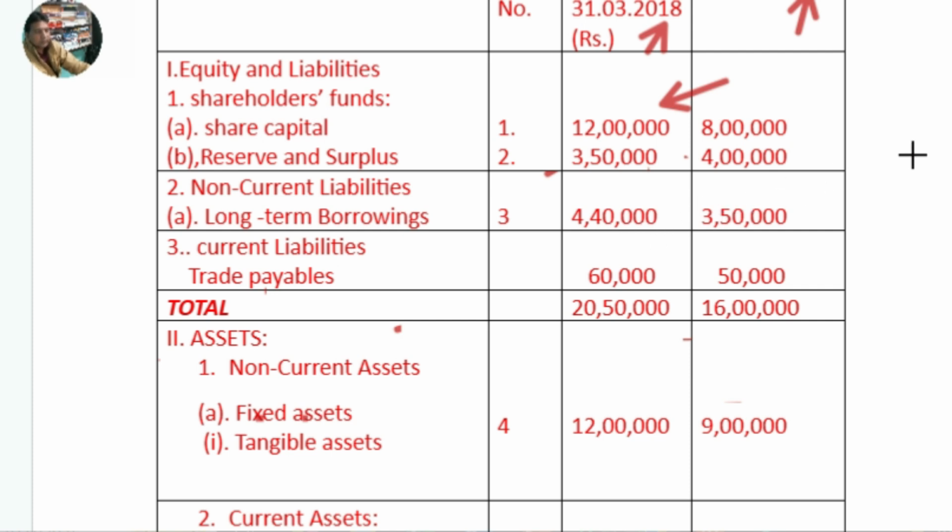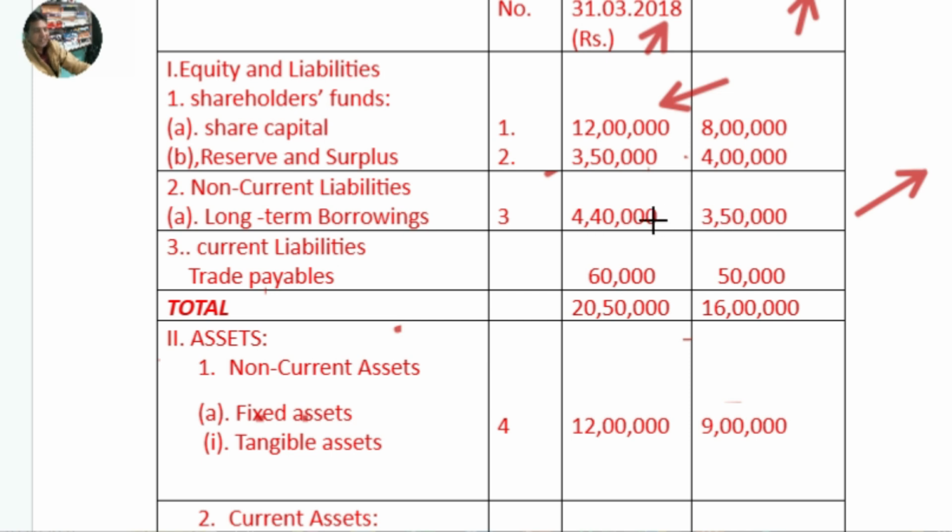It is also inflow of cash by 90,000. So 4 lakh is increased, inflow plus, and here 90,000 increase, plus. If this had decreased, then it would be a cash outflow, minus sign.